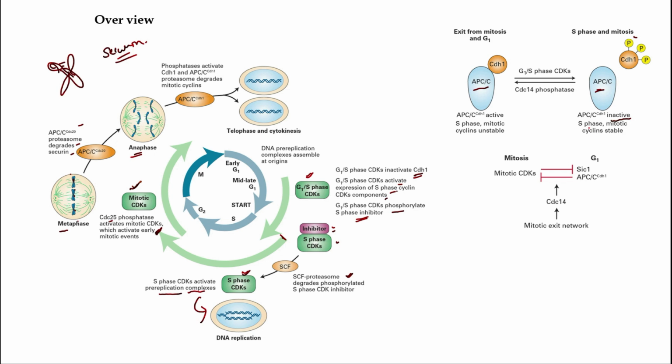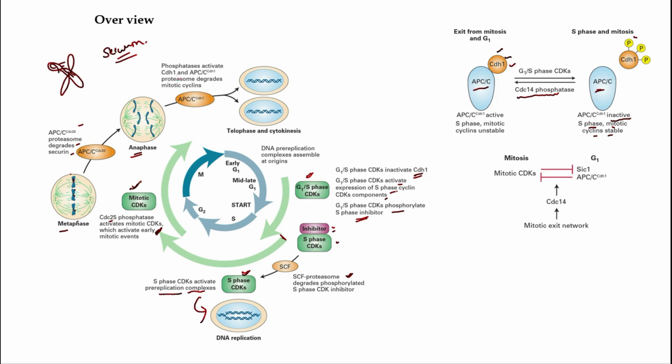It is inactivated during the S phase, and the mitotic cyclins are stable during this phase. But when the APC needs to be activated, there is one phosphatase known as CDC14 phosphatase. It removes the phosphates from CDH1. The three phosphates which are present will be removed and the APC will be activated.